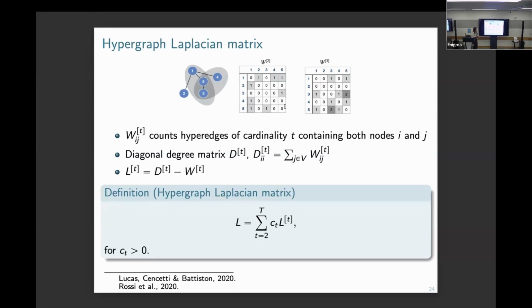For example, in epidemic spreading, the larger hyperedge might speed up the spread, so we may want a higher weight. And in a friendship network, the pairwise friendship might be stronger than the friendship within a group, or in any social contact network, so you might want a bigger weight on the smaller T.